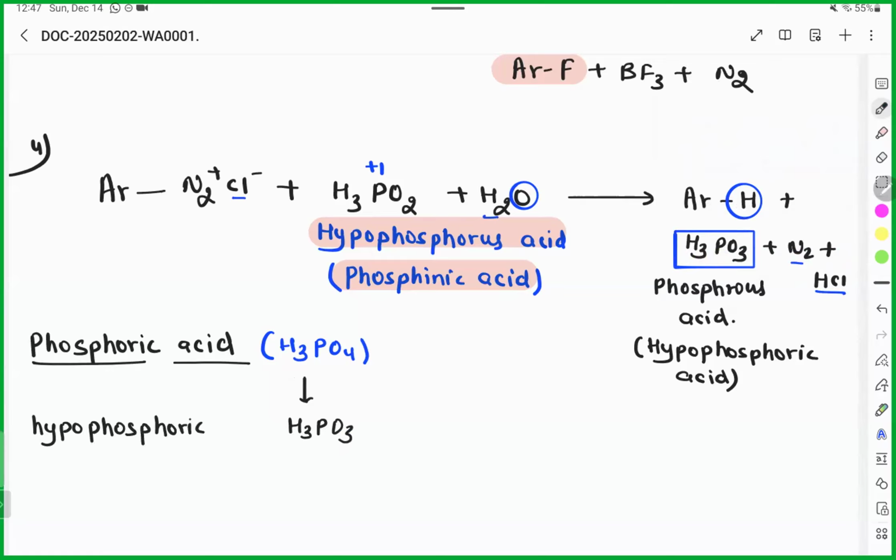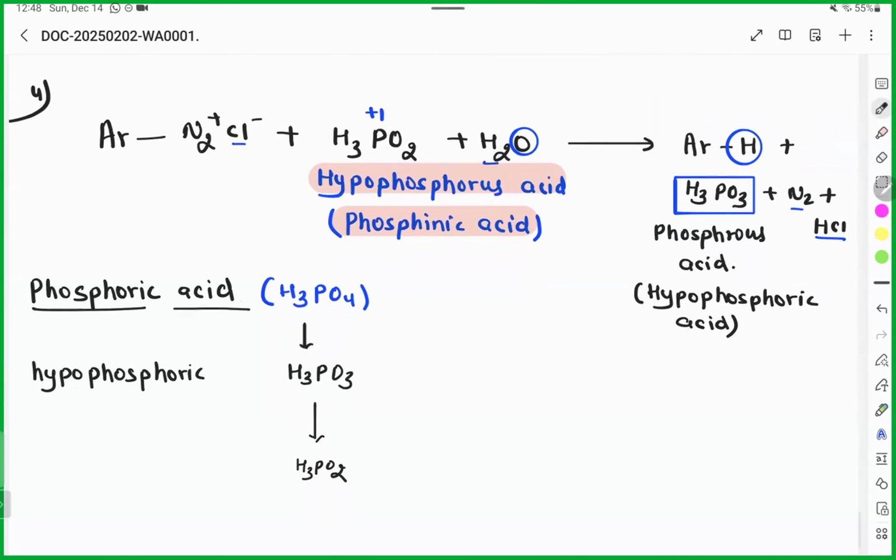You further decrease one, then hypophosphorus, because another name of hypophosphoric is phosphorus. Do you know why I am telling? It will help you understand your P block. Correct?